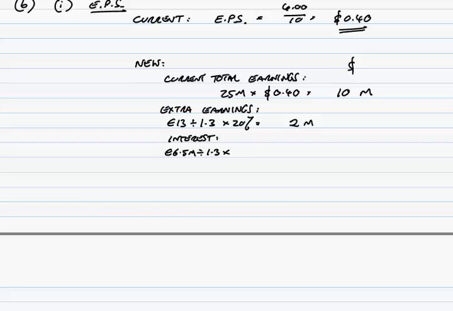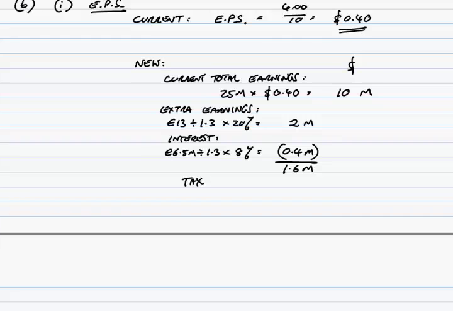And the interest we're paying is 8% a year. So 6.5 million divided by 1.3, there's 5 million at 8%. There's 0.4 million interest, giving us 1.6 million before tax.